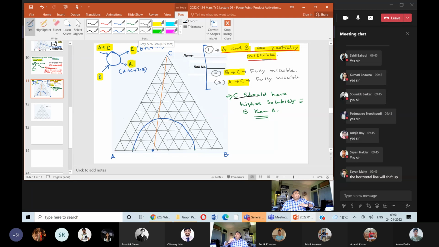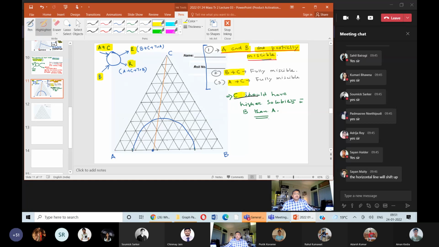C should actually like B more, so that C should leave A and go to B. Therefore, in terms of solubility, it is logical to assume that C will have higher solubility in B as compared to A. Yes or no? This statement is clear to all.